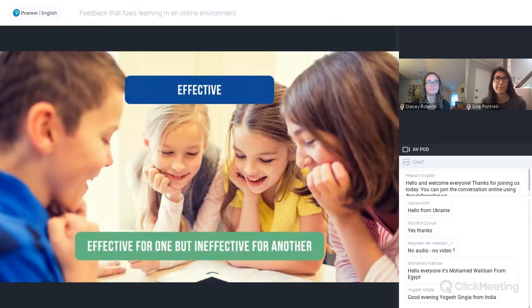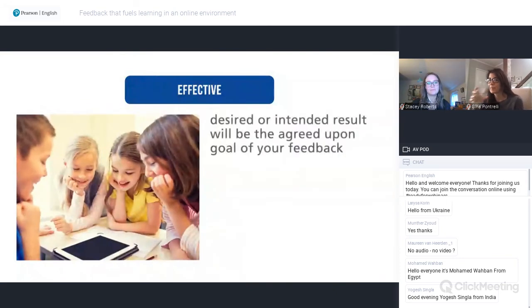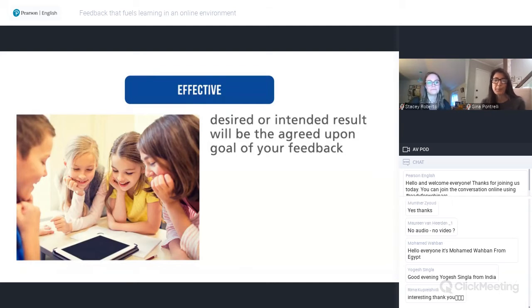For our purposes, we will use the dictionary definition that effective means something is successful in producing a desired or intended result. As we just discussed, the desired or intended result will be the agreed upon goal of your feedback that is developed by both you and your students. That goal will most likely be different depending on the student.